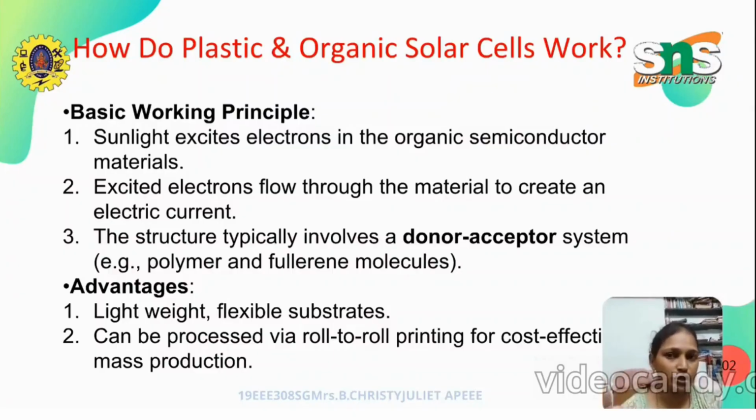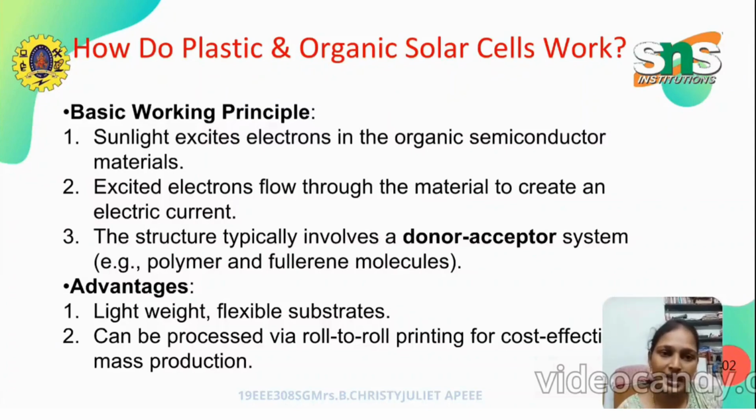Photo means the bundle of energies, which is nothing but the photons, that is being converted into voltages, or you can say power. So that is why it is named photovoltaic cells. So here also it converts the sunlight into electricity. But how does the process work? Let's look into it.